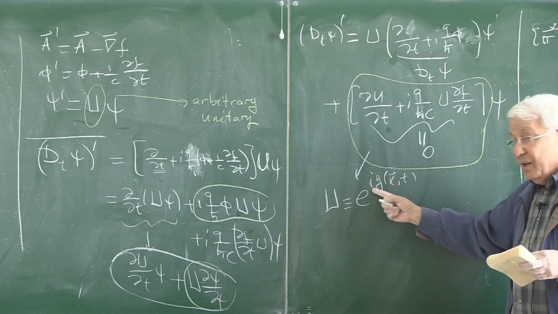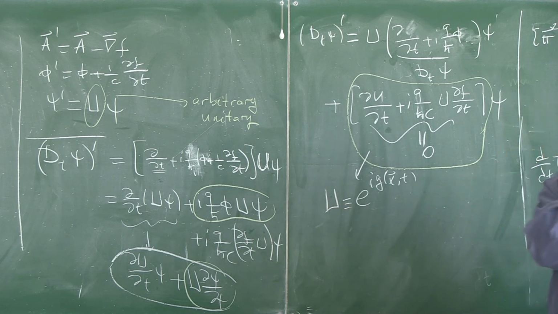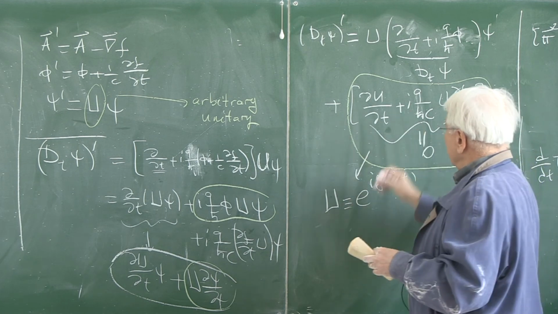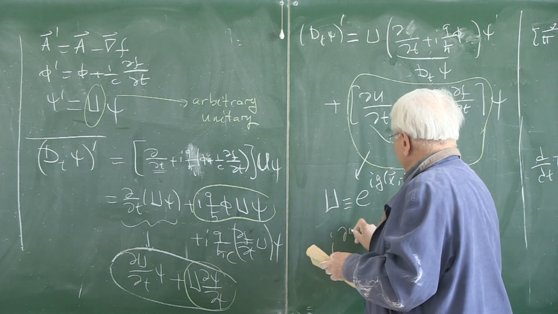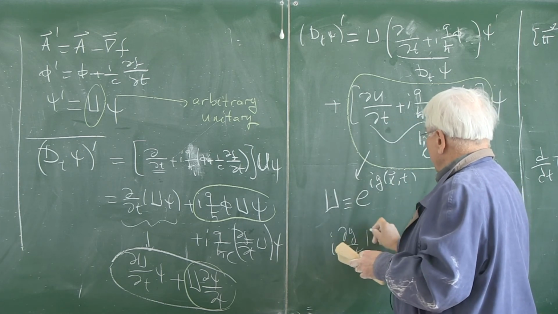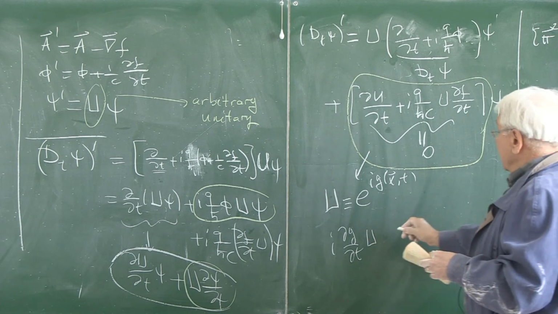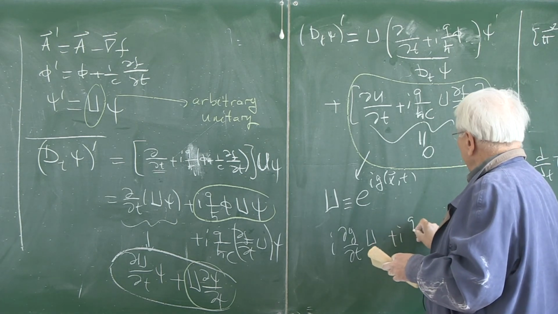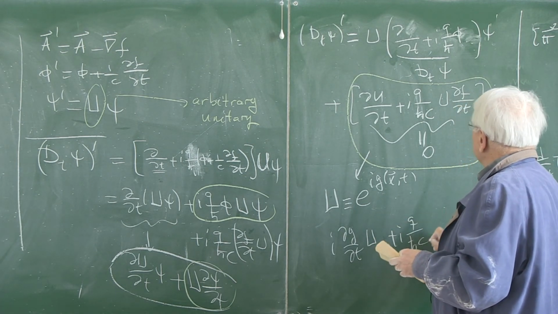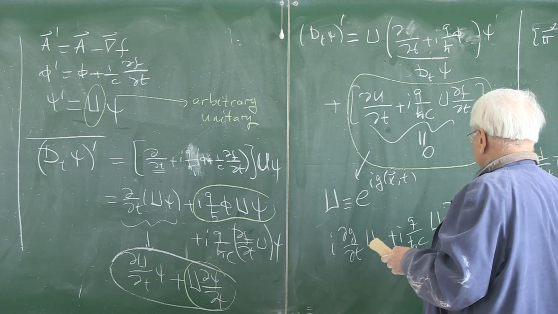If this is real, there's a minus, there is an i in the front, so this is unitary. So what is this equation now with that parameterization? I dg dt times u itself again, because it is the derivative of this times itself, plus I q over h bar c u df dt is equal to 0.